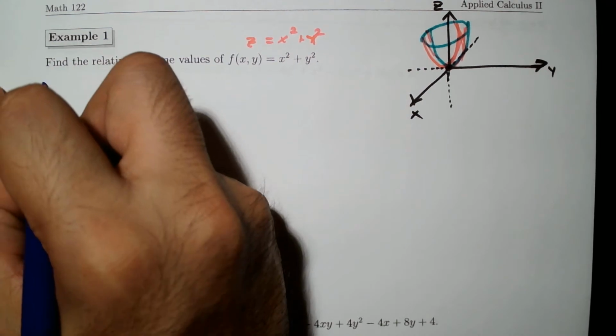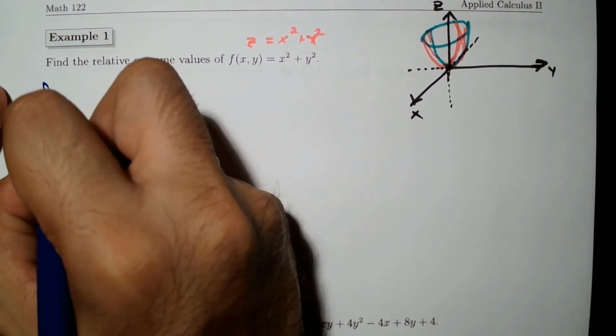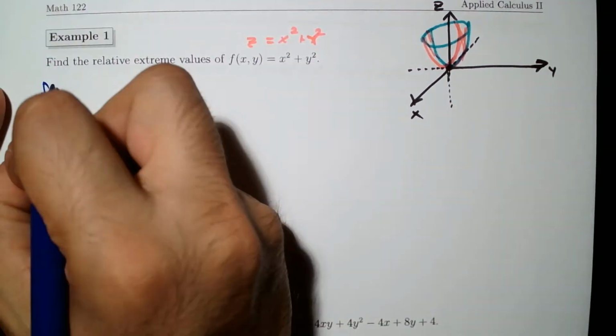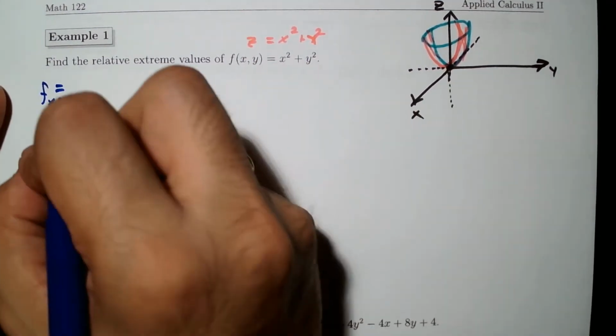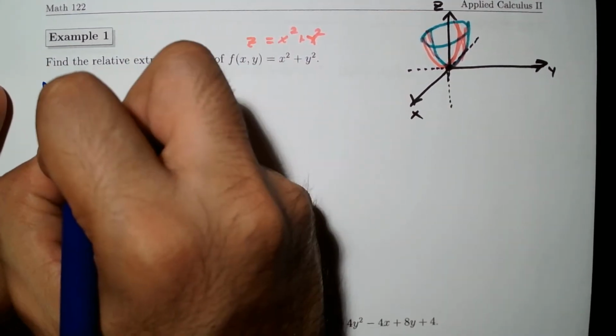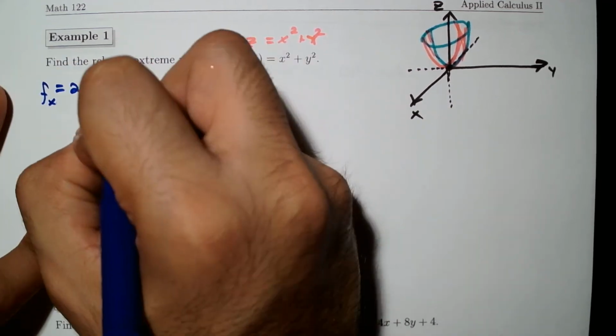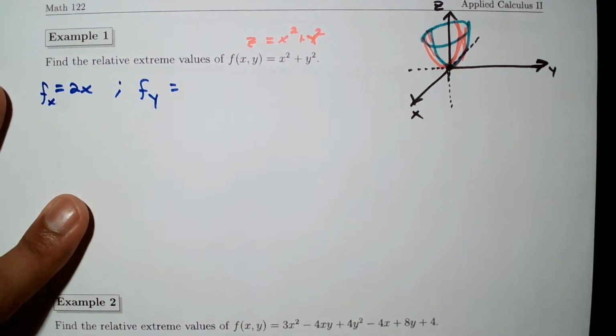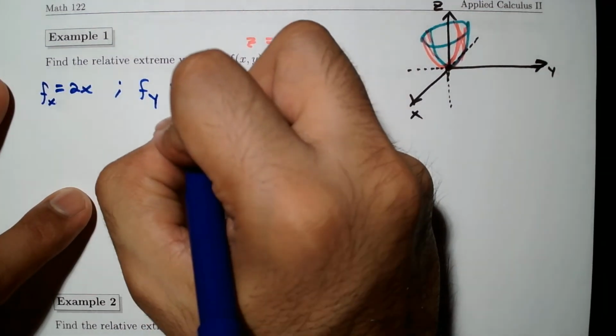Alright, let's begin by taking the first two partial derivatives of this function. So fx, just x, not the double yet. The first partial with respect to x will be 2x, and the first partial with respect to y equals 2y.